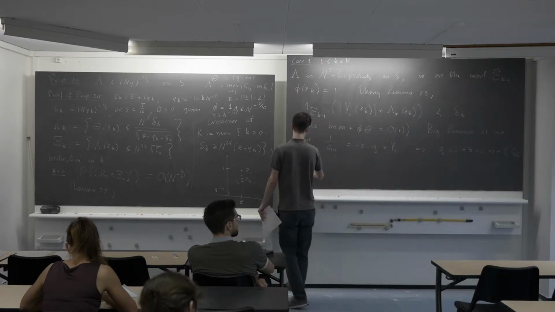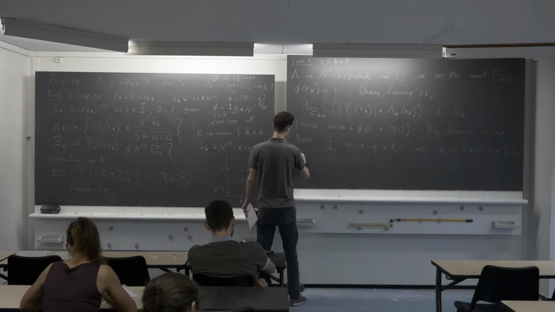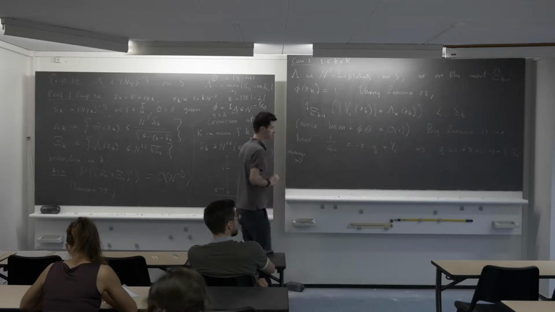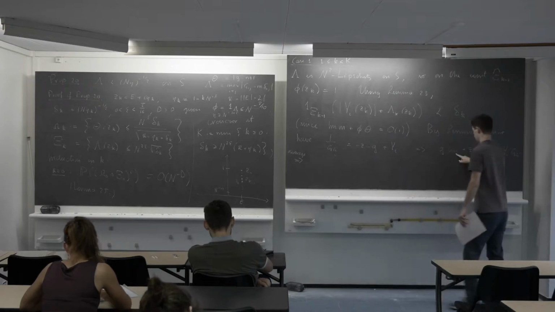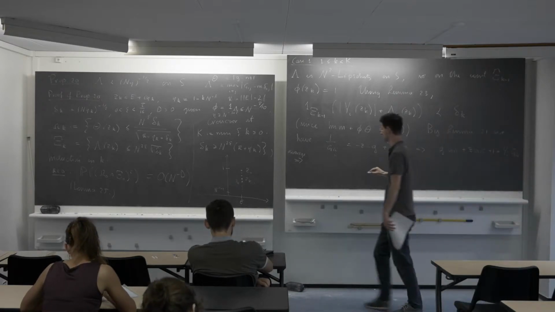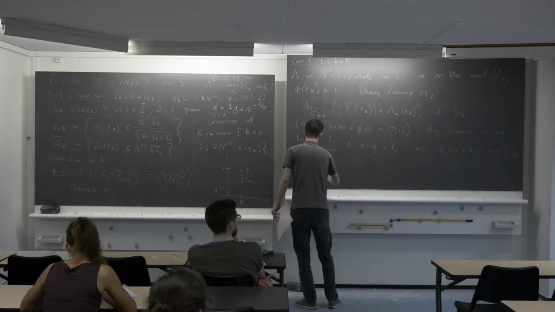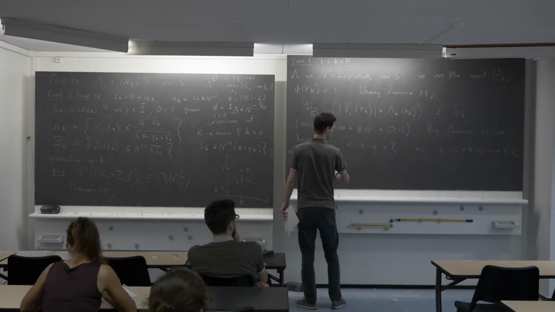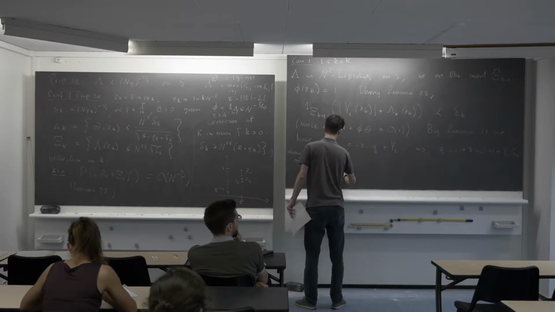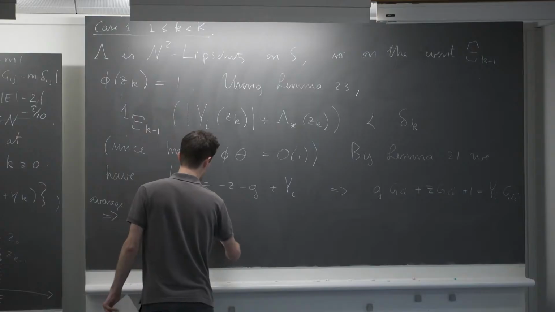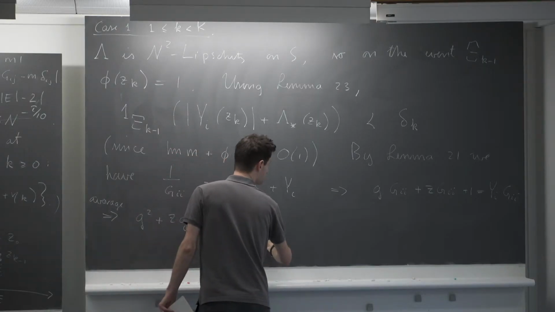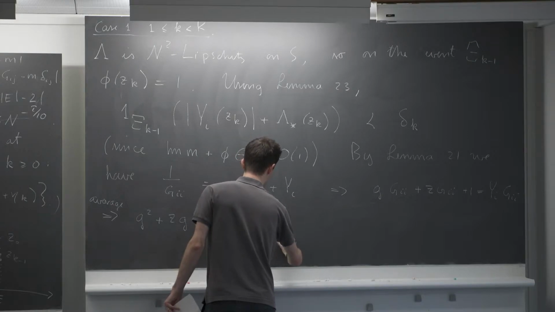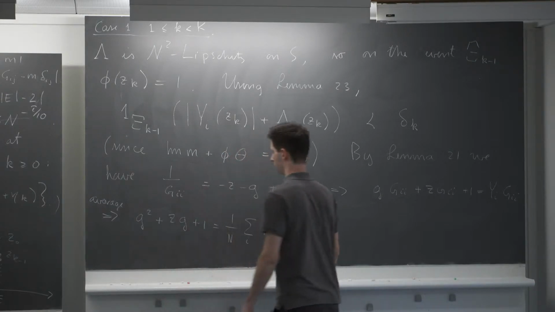I can average. If I average over i here, I get little g, so I get g squared. g squared plus z times g plus 1 is equal to 1 over n sum over i y_i g_i.